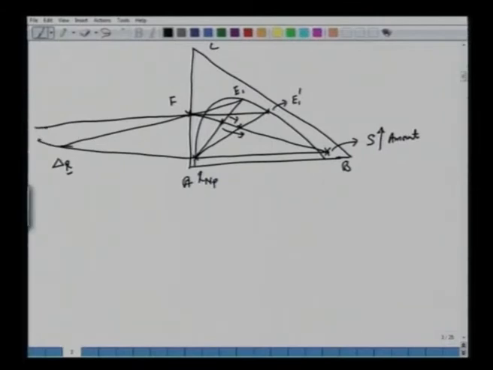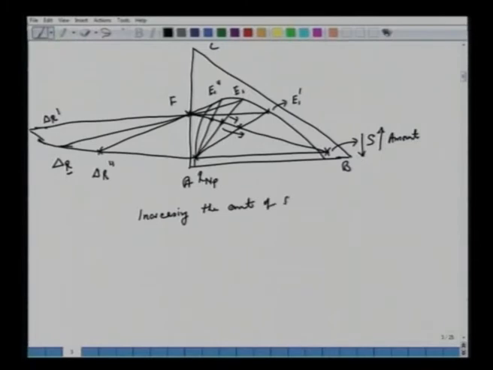So we make a note that increasing the amount of solvent results in the movement of the difference point del R away from R and P. When we increase it, this del R point moves in this direction.